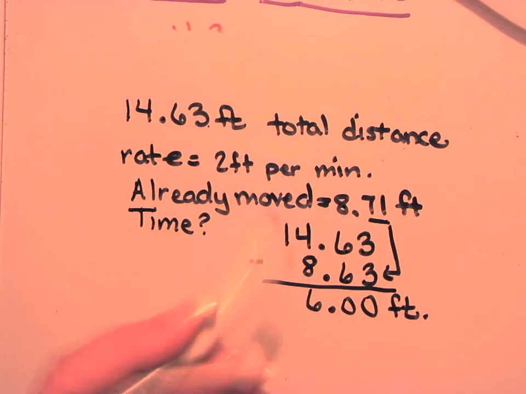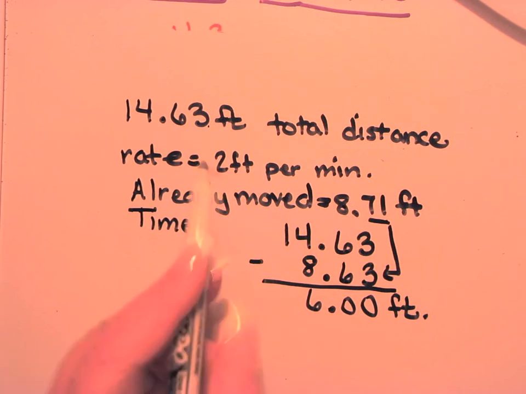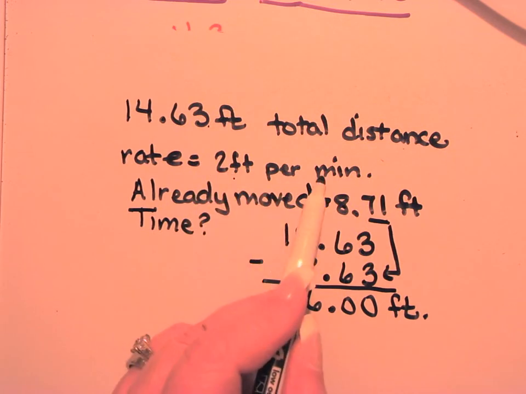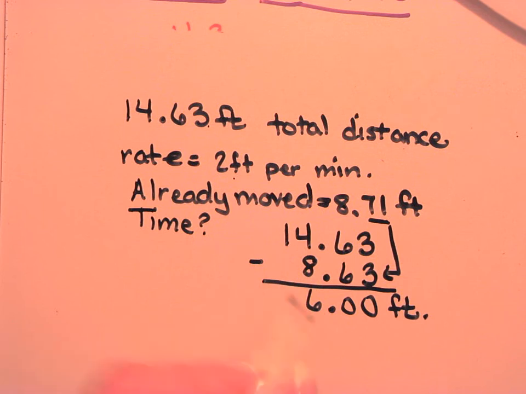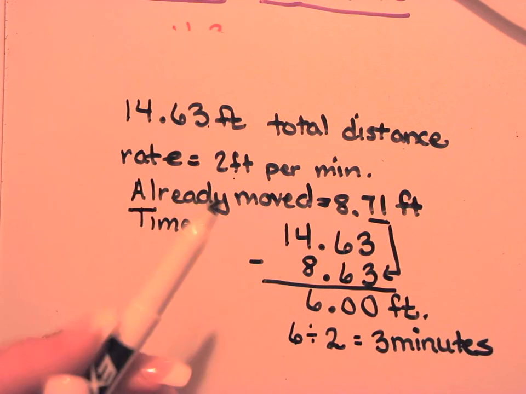Now if it has 6 feet to go and it goes 2 feet per minute, I need to take those 6 feet and divide it into sections of 2, because there's 2 for every minute. So when I take 6 and divide it by 2, I get 3, and that is the amount of minutes still needed to go. So let me review that again.